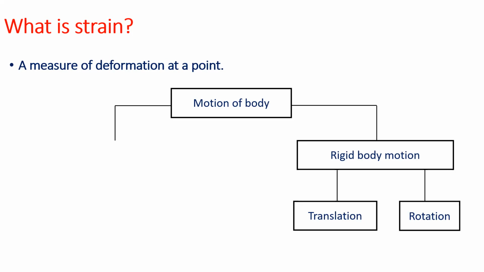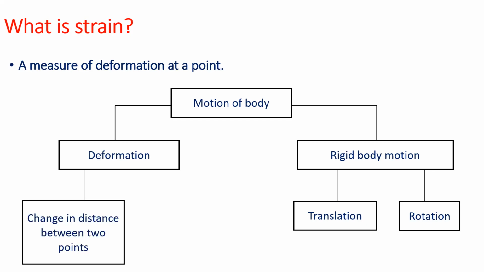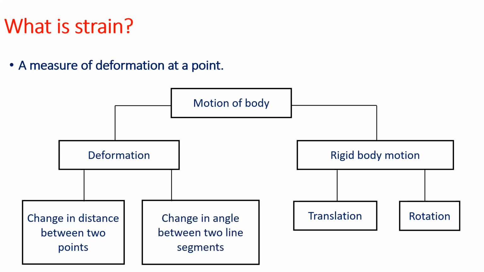And then there is deformation, right? So the displacement of a body or the motion of a body can comprise two things. One is deformation, one is rigid body motion. And the deformation, you can quantify it as change in distance between two points or change in angle between two particular line segments.